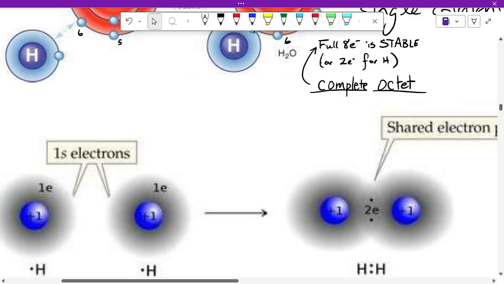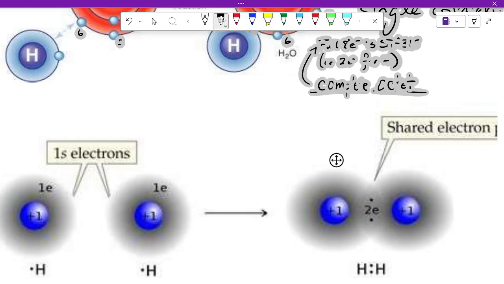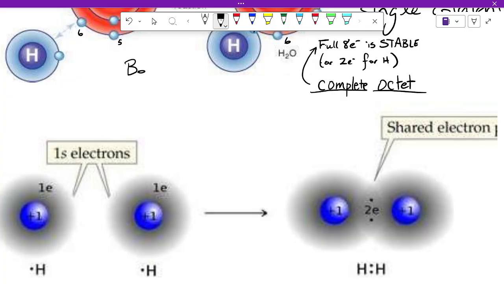Now, here is an electron cloud model. So this is a Bohr model up here. This is the electron cloud model.